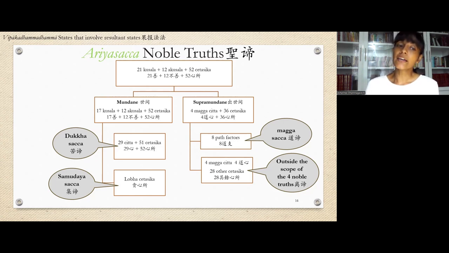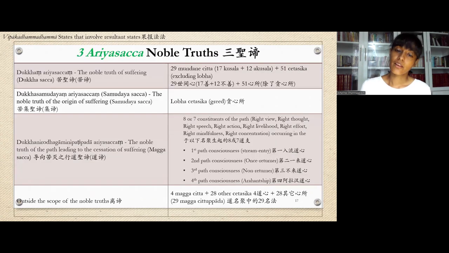So in total, we get 3 ariya sacca. This is a summary table of the noble truths and how we get the 3 ariya sacca. We'll take samudaya sacca first. Under samudaya sacca, we get lobha. The remaining mundane citta and cetasika, the 29 mundane citta, that is the 17 kusala and 12 akusala, and the 51 cetasika excluding lobha cetasika, are classified under dukkha sacca.